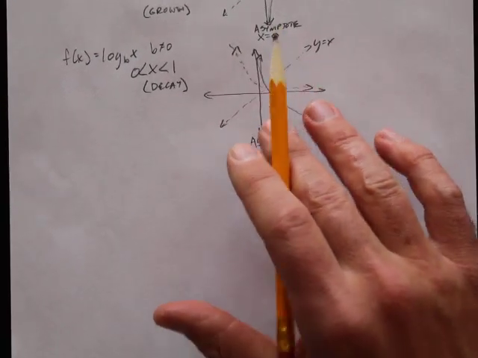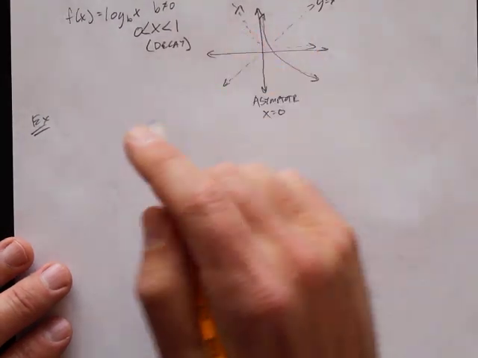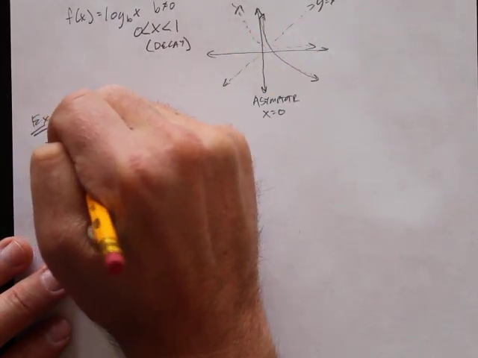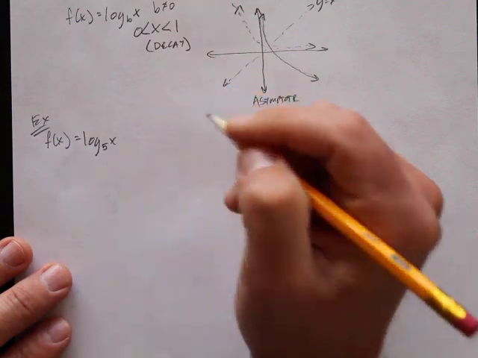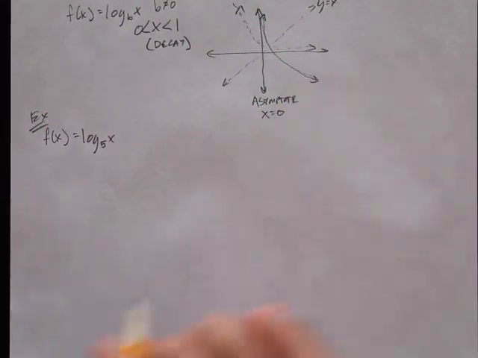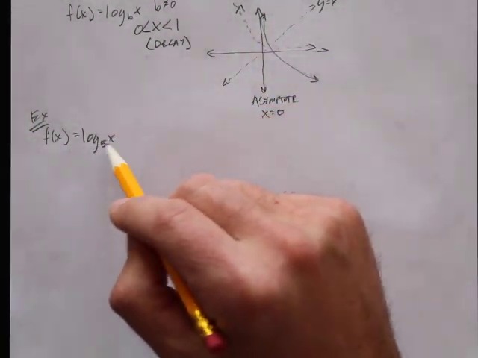And let's graph some stuff. Example. So I've got f of x equals log base 5 of x. Now, here's what I'm going to do with this. I could try to graph this.